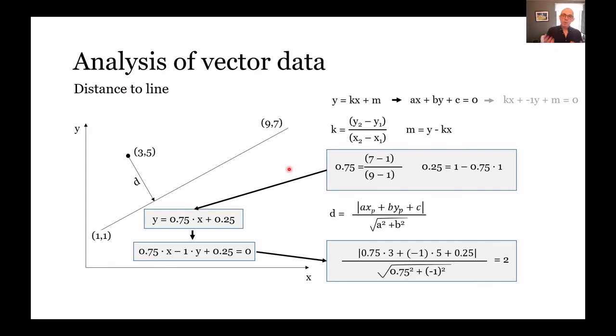Having said that, you can see that this calculation has to be performed many times. If we want to buffer out this line, we've got to do this all the way around, do this calculation many times over. And that means that we need to be a little bit careful. The operation of buffering can take a little time on computers if you have many objects, especially when objects start overlapping.